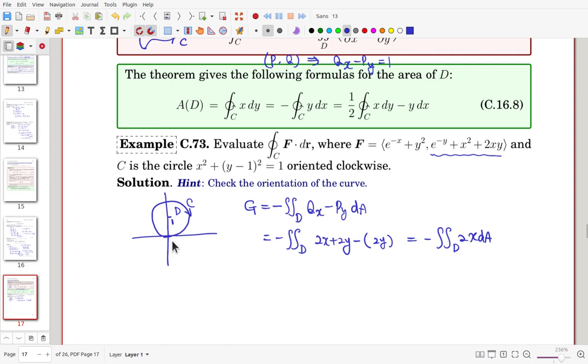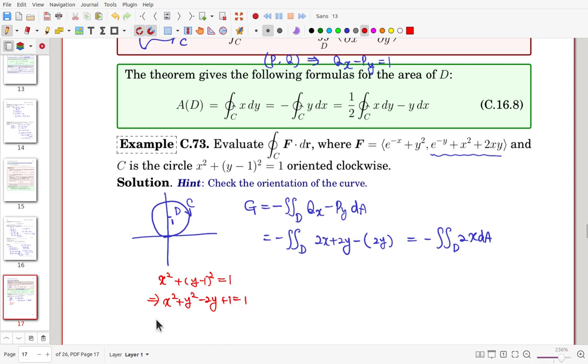This is a polar region. The angle is moving from 0 to pi, and r is moving from here to there, like that. So we have to find the polar equation for this one. We start with the equation x squared plus (y minus 1) squared equals 1. From here, x squared plus y squared minus 2y plus 1 equals 1.